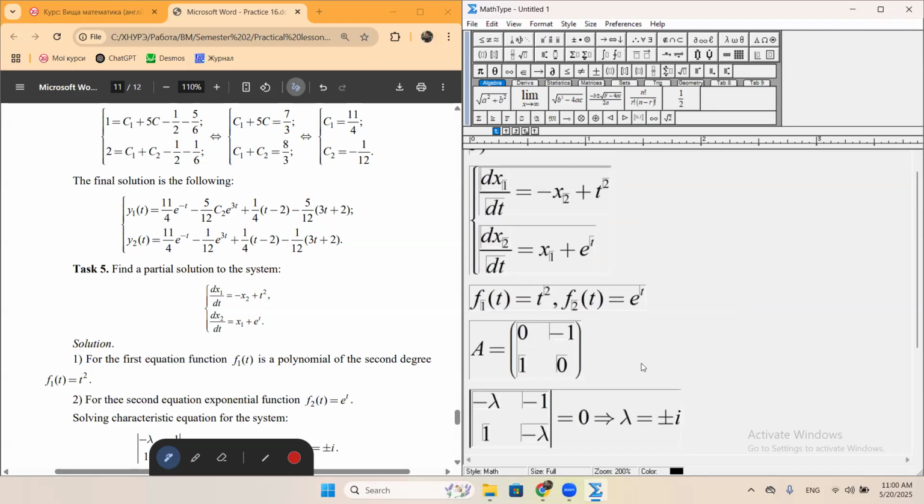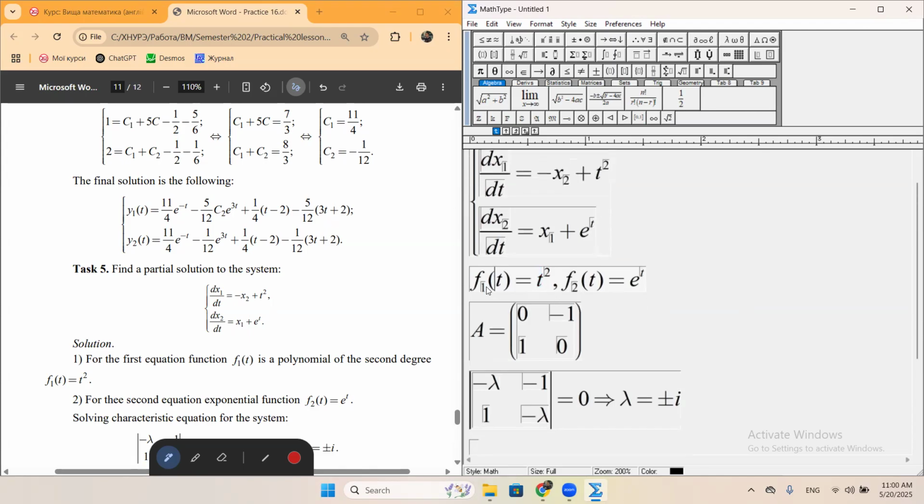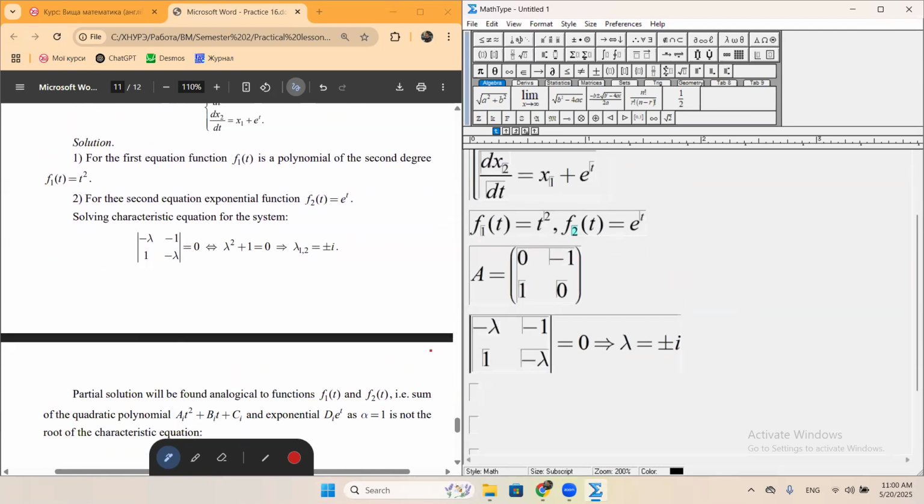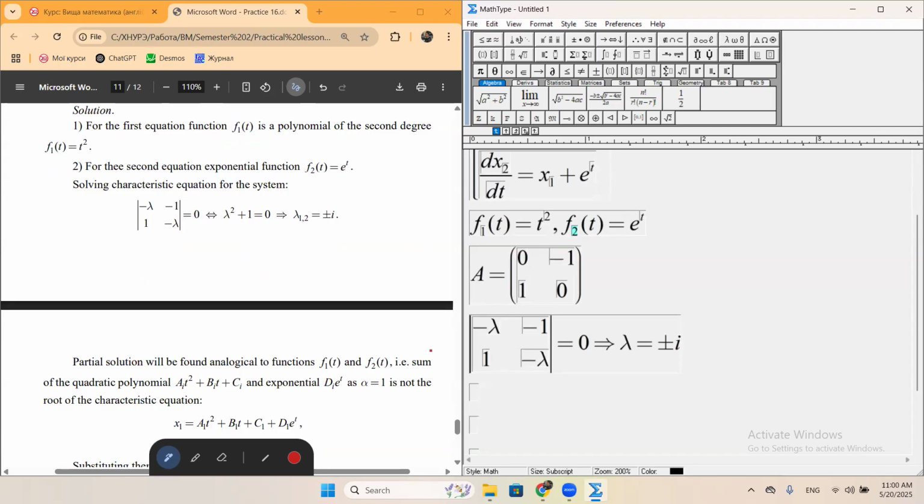Let us look at the control numbers of these functions f1 and f2. The control number of f1 is 0, the control number of f2 equals 1, and both of them are not roots of the characteristic equation. So the partial solution will be the following.